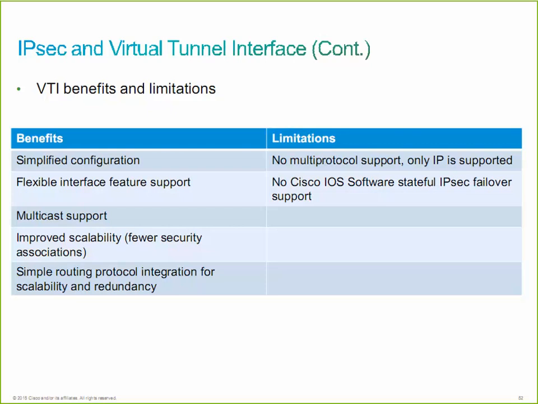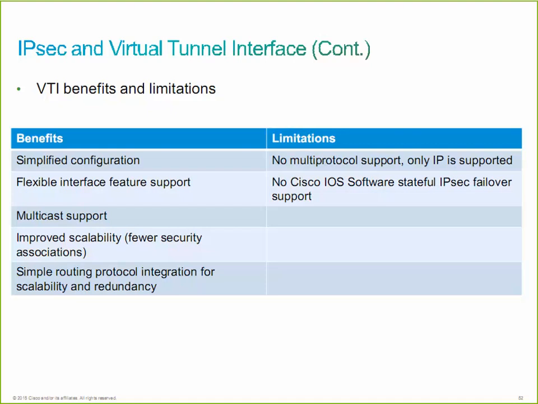So this function gives us the flexibility of defining features to run on the physical interface that operates on the encrypted traffic, or we can apply features to this virtual tunnel interface that operates on our clear text traffic. So we can apply QoS, we can apply different functions to the encrypted traffic or the non-encrypted traffic as we need it.